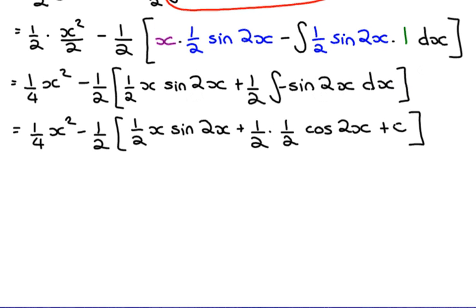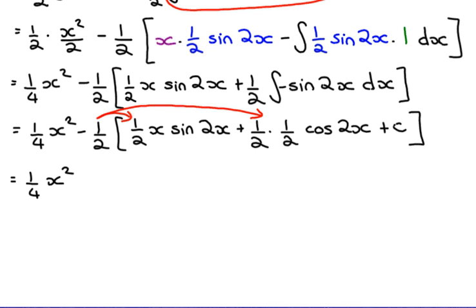Now I can times in that negative half and just pretty this up a little bit. So I've got a quarter x squared. Let's times in that half. I need to times it in here, and I also need to times it in over there.